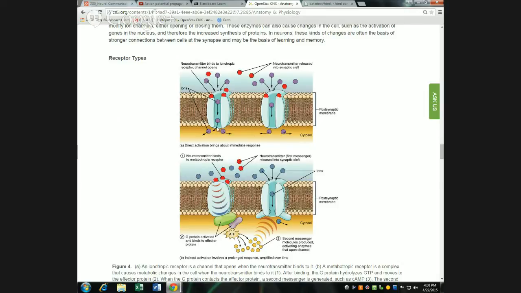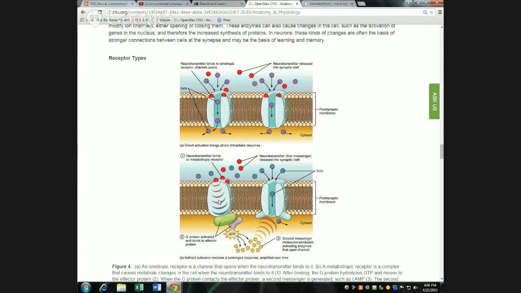That's a direct action type of receptor. The other type is when it's indirect. The receptor protein is what the neurotransmitter binds to, and it's connected to some other proteins on the inner side of the cell.